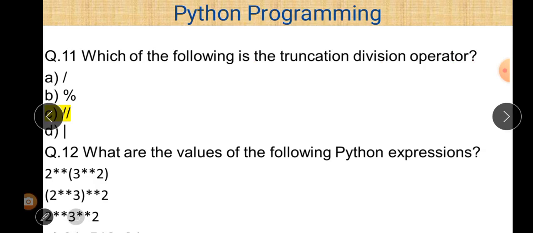Next question is, what are the values of the following Python expressions? Actually, three different expressions are given, and we have to find the answer of all of these.